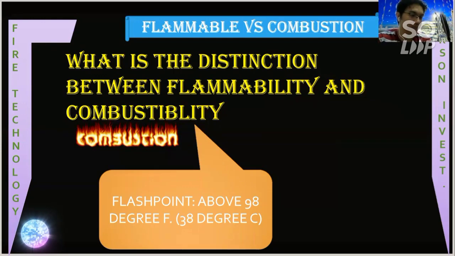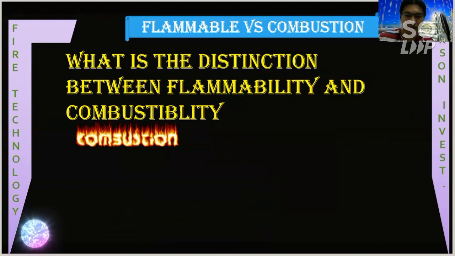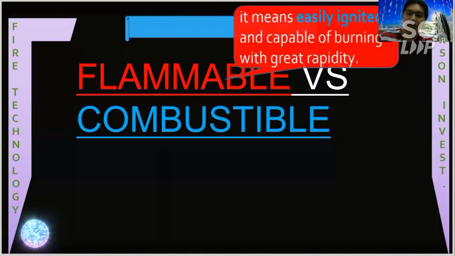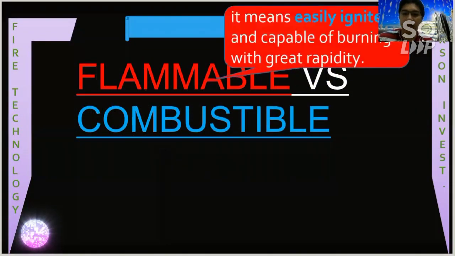So note, it is the vapor that is being burned and not the flammable or combustible liquid itself. Because when these two are exposed to heat, they produce vapor, and that vapor is what burns. Flammable liquid is easily ignited and capable of burning with great rapidity.